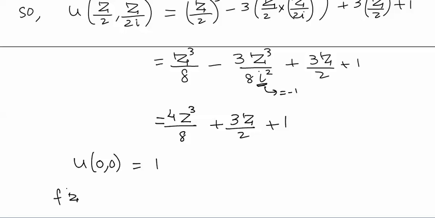So what will be f(z)? f(z) will be z cube plus 3z plus 1 plus c iota, right? Clear? So this is how we can actually get the analytic function back.